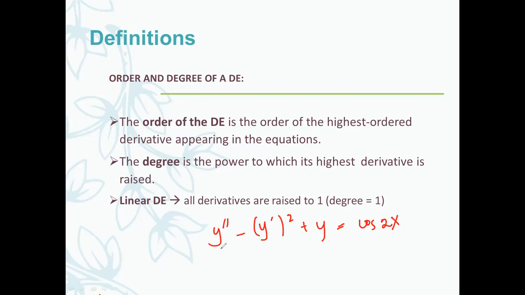The degree is 1, or first degree. But you see this derivative is raised to an exponent which is 2. So you may wonder why this is nonlinear. Not all first degree differential equations are linear. This is first degree, but you see this derivative is raised to 2. So the entire differential equation is said to be nonlinear.